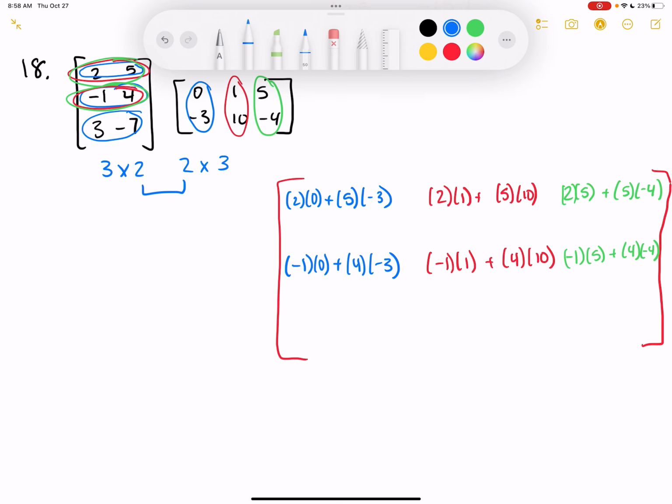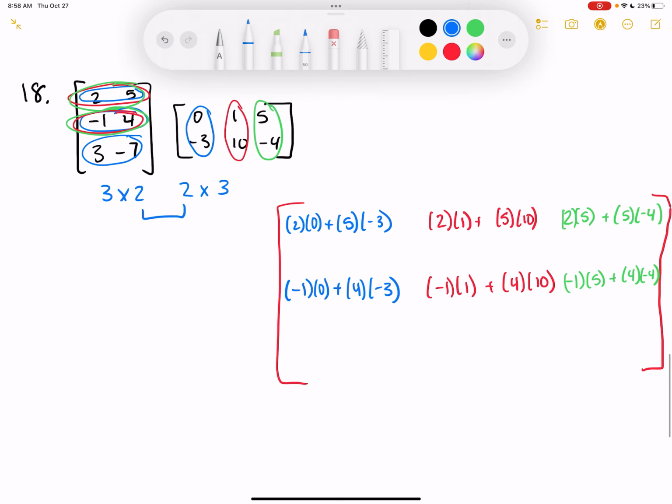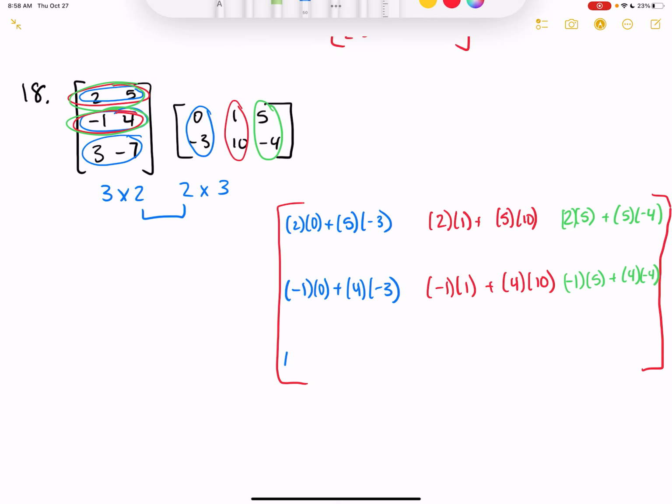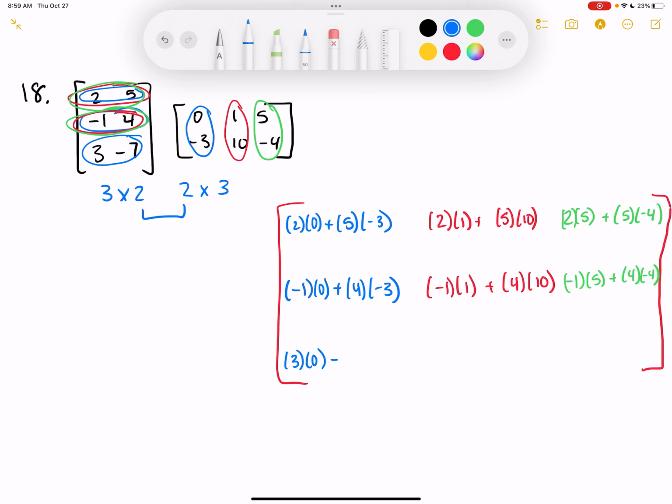Then I've got, oops, too far. Third row, first column, so I've got 3 times 0 plus -7 times -3. Third row, second column, 3 times 1 plus -7 times 10.